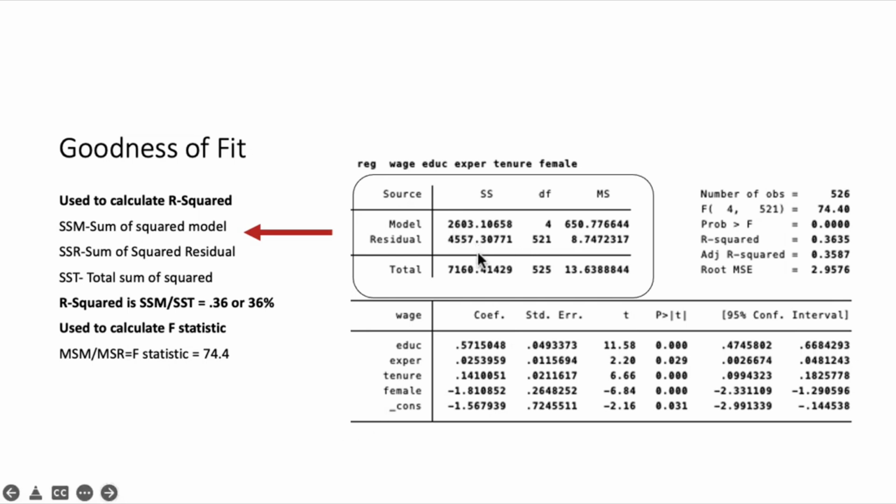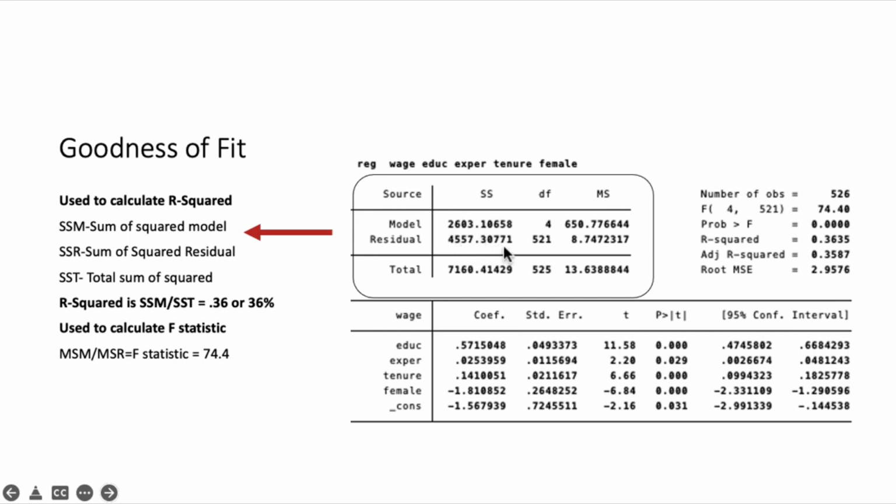This is the total variation in your dependent variable, and out of this total variation, this much is being explained by your model and the remaining is being unexplained.